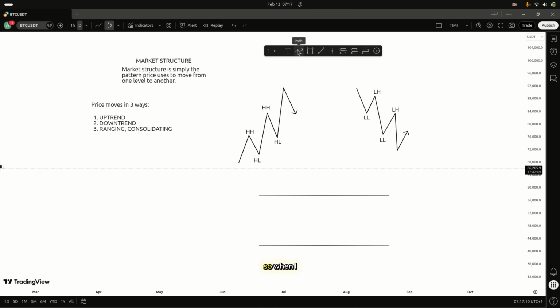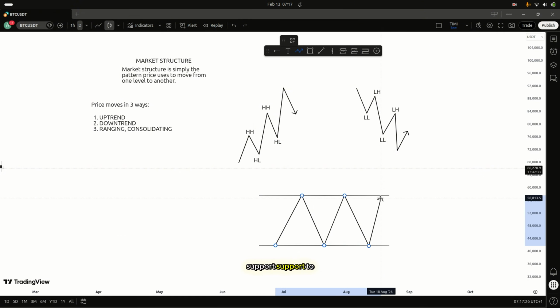When I mean price ranging or consolidating, I basically mean price moving from support to resistance, resistance back to support, and it will just keep doing this.